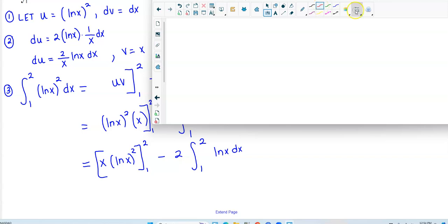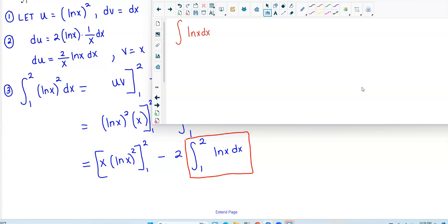So by integration by parts, we're going to have to do the integration by parts for that integral. So for this integral here, we have the natural log of x dx.